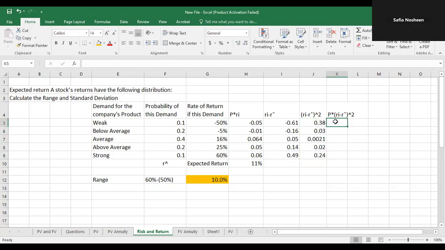The next step is to multiply the square of the deviation with the probability values given in this column, and do it with all the numbers in the column.